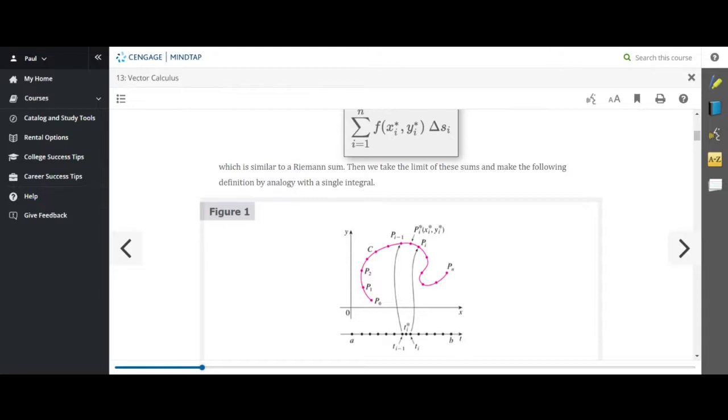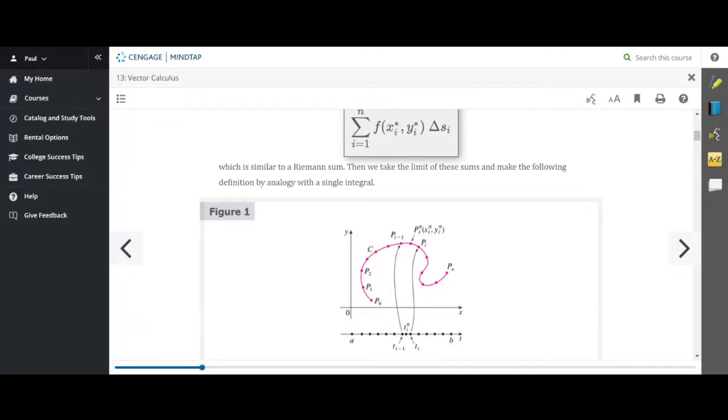If we take that function value at x sub i, y sub i, and multiply by delta s, which is a piece of arc length, like for instance from the point P sub i minus 1 to the point P sub i, you're moving a little piece of arc length, right?